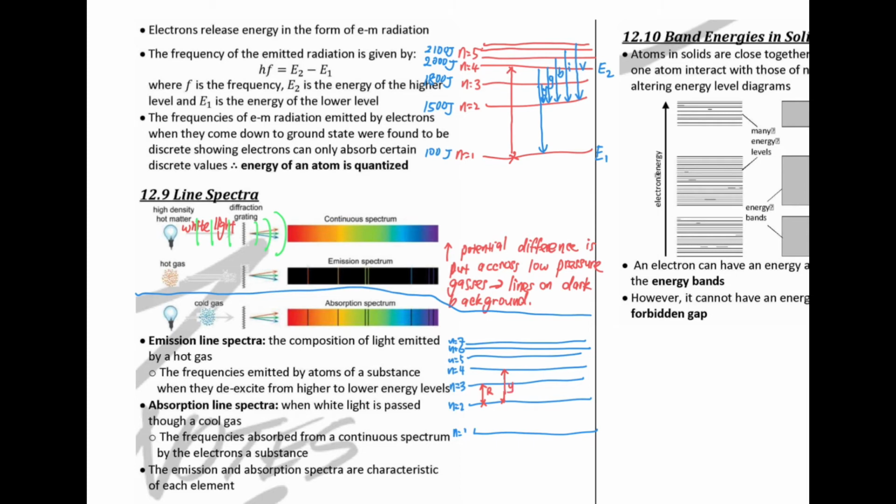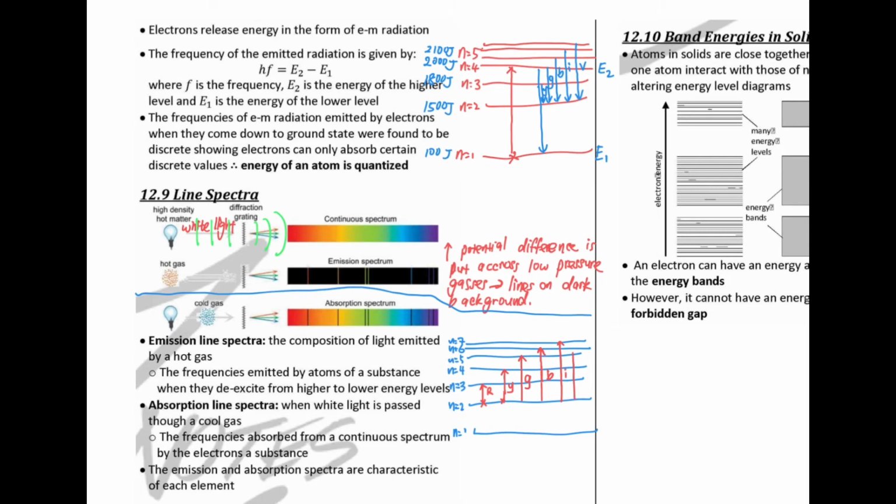So yellow light. Then after that, here to here, green light. Let's say here to here, blue. Here to here, indigo.